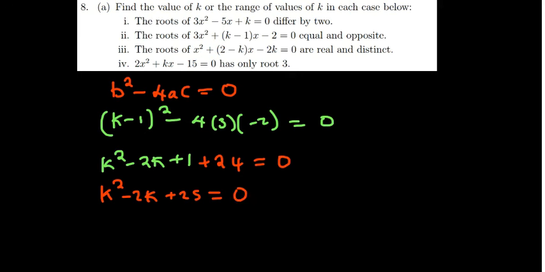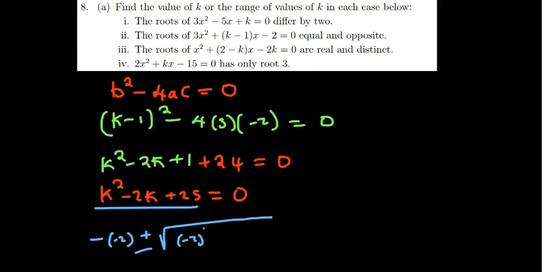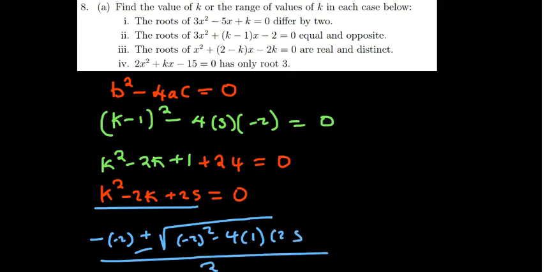So for this one, this is a quadratic equation, so you use the formula to solve it. Okay, so your a is 1 and all that. So negative b plus or minus the square root of b squared minus 4ac, over 2a.